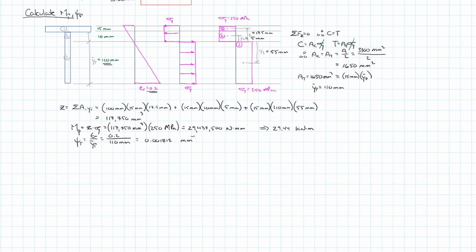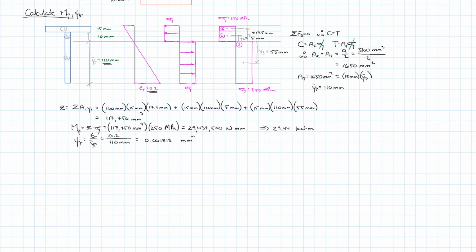We've got the capacity M sub Y and M sub P for the plastic condition, and the curvature is related to each of those. And then the final part of the question, which was to look at some point between those two conditions where a portion of the beam is still elastic and the remainder of the beam is in a plastic condition.